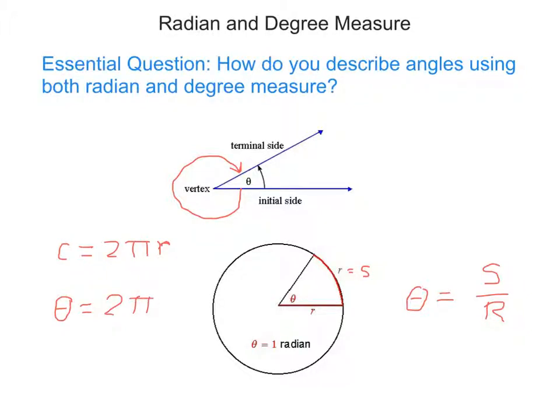So one complete revolution is equal to 2 pi radians. Now, since we know that one complete revolution in degrees is equal to 360 degrees, we can get a conversion here in that 360 degrees is equivalent to 2 pi radians.